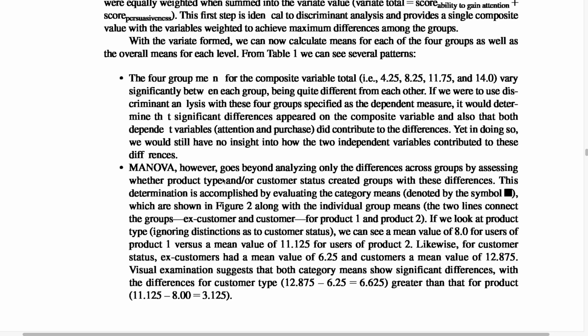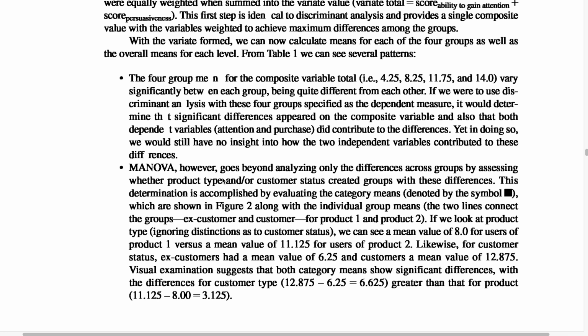Along with the individual group means, the two lines connect the group X customers and customers for product 1 and product 2. If we took product type, ignoring the distinctions of customer status, we can see a mean value of 8.0 for users of product 1 versus a mean value of 1.125 for users of product 2.